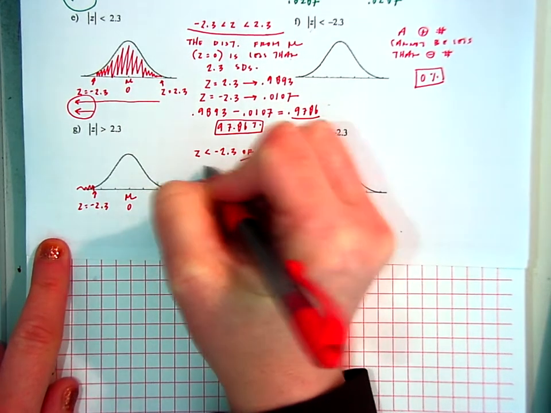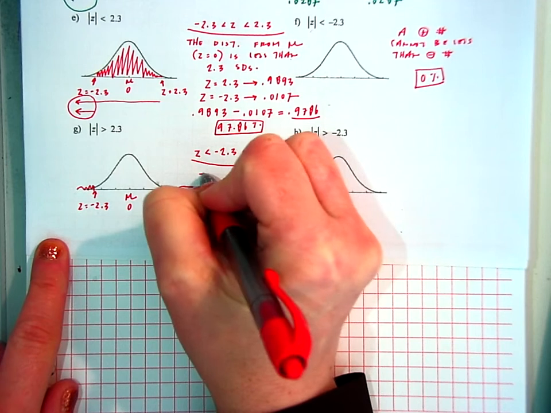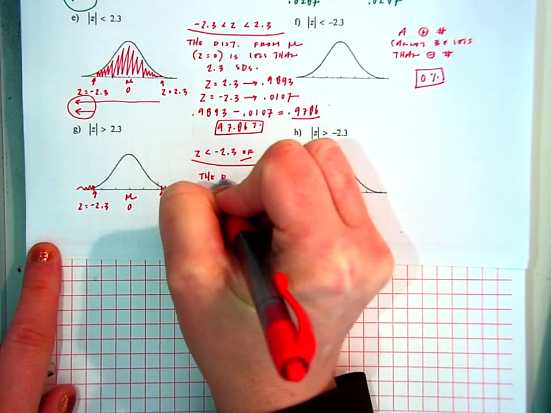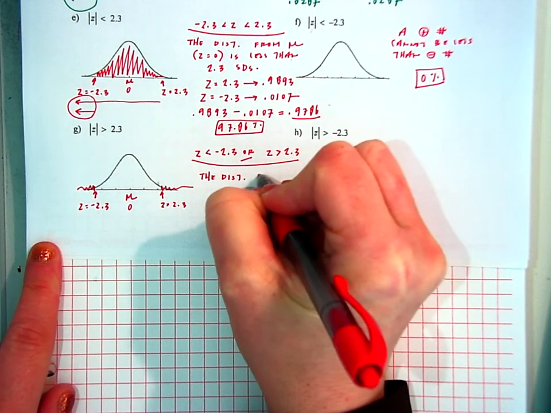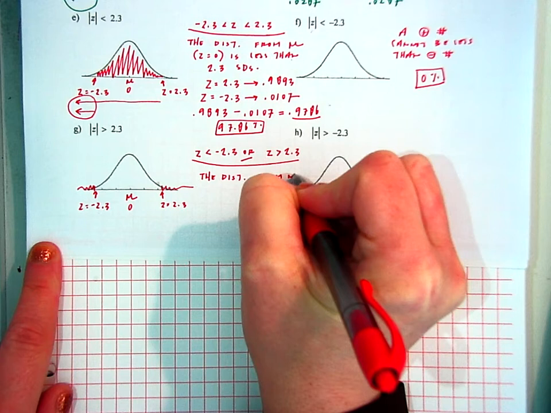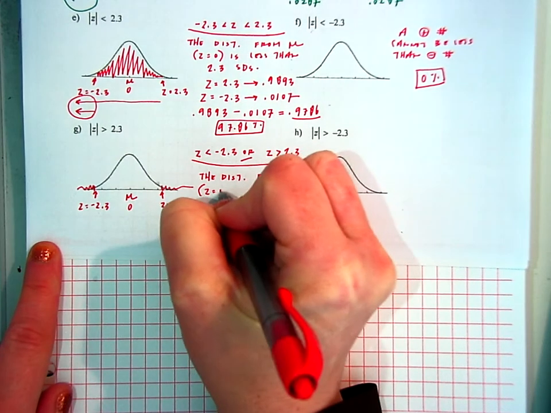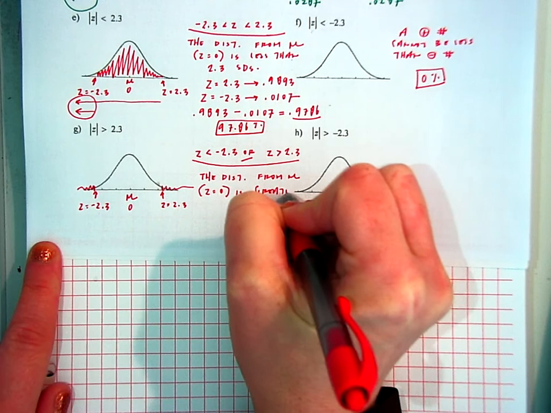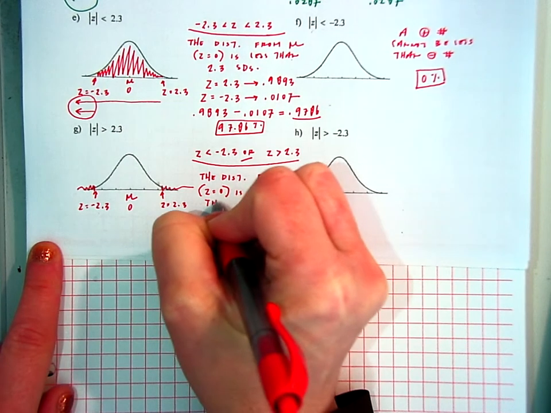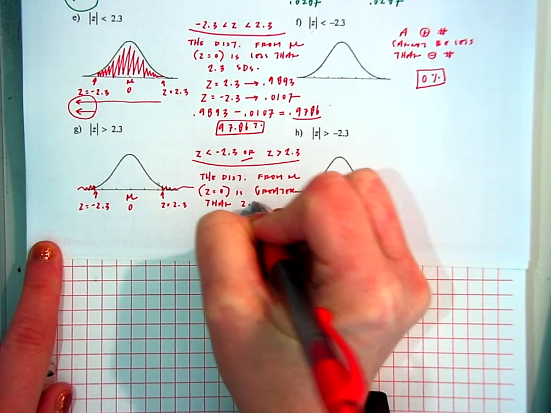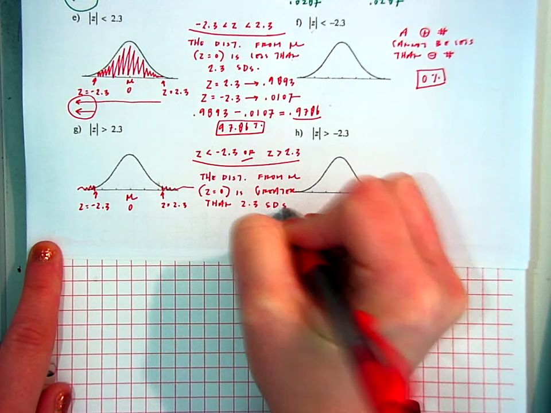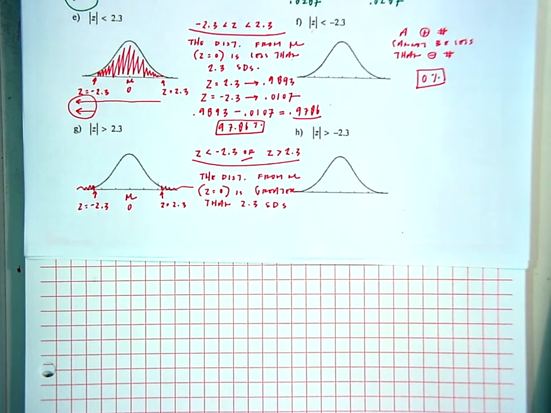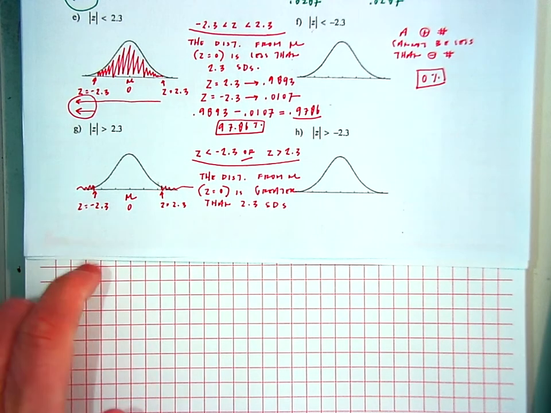And if I write this in words, I can say the distance from the mean, where the z-score is 0, is greater than 2.3 standard deviations.